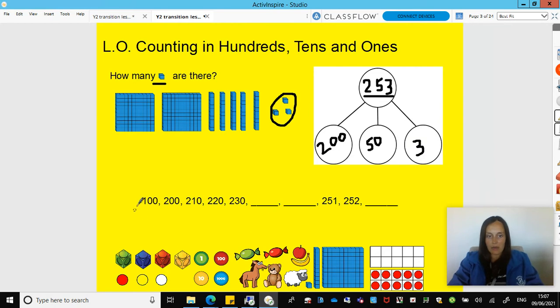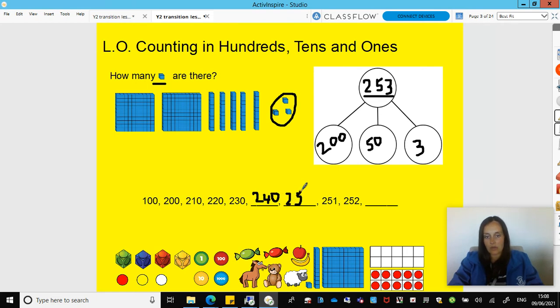Okay, and if we want to put this on our number track down below here, let's see. We've got 100, 200, like up here, 210, 220, 230. And then if we're counting in our tens, 240. You can count with me if you think you know it. 250.